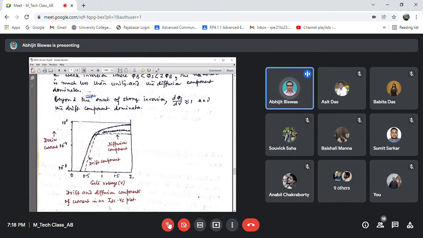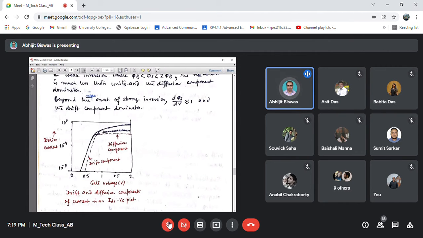As the gate voltage increases, what happens? The drift component of current merges with the total current, and the diffusion component of current separates out at the bottom. So when the device operates in the strong inversion region, the drift component of current dominates over the diffusion component of current.